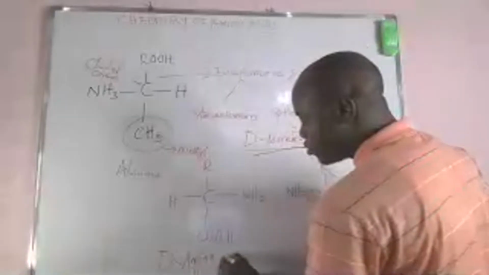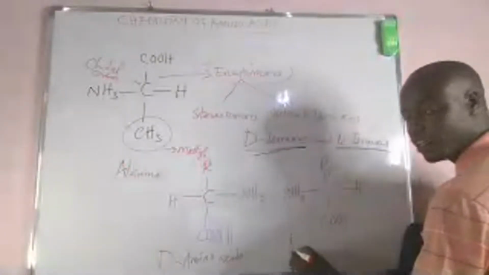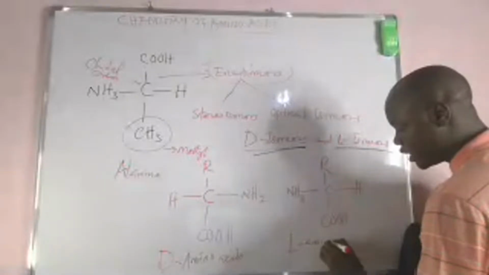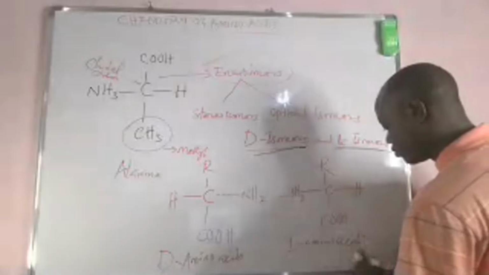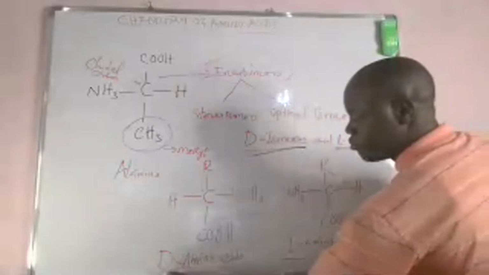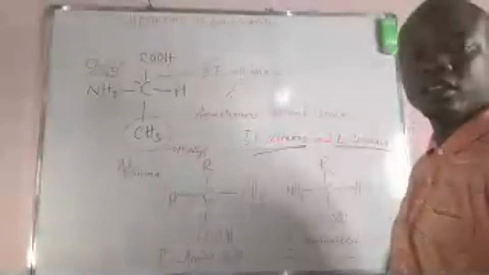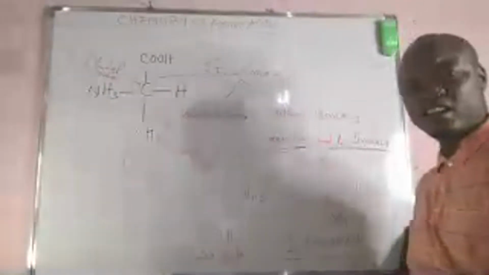So this is called D amino acids, and then this is called L amino acids. Please look at them very well, ladies and gentlemen. Can you clearly see the difference now?